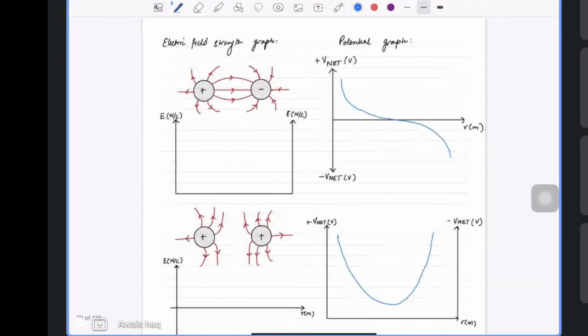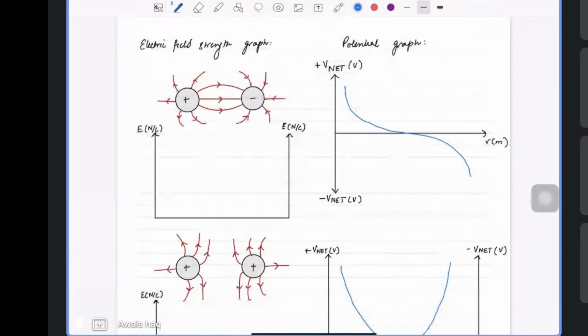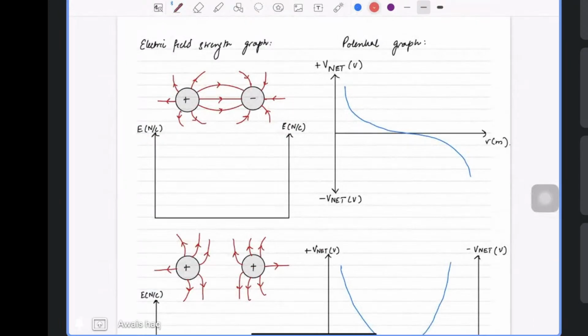Now going to the first one, we're going to derive what's going to happen. Like I said, at this point, if you draw a gradient, it will show you a maximum negative value, which means that the electric field strength you're going to draw will be maximum at the start.